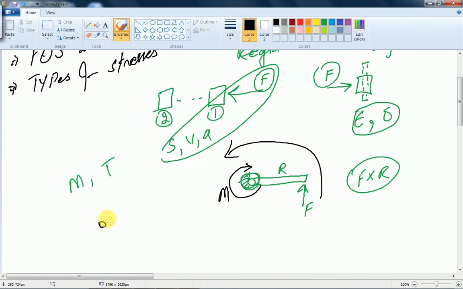For example, there is a hinge and a door, and we apply force, and after applying force this door goes from this position to this position, it is being rotated. This turning effect is related to torque, and if there is fixity in the joint, then moment will be produced, which will balance out the external applied load.